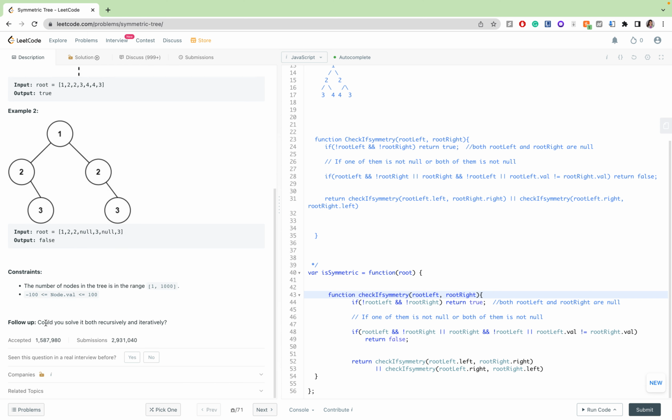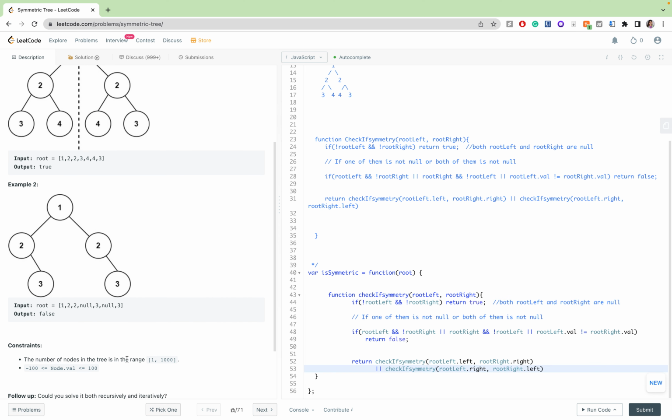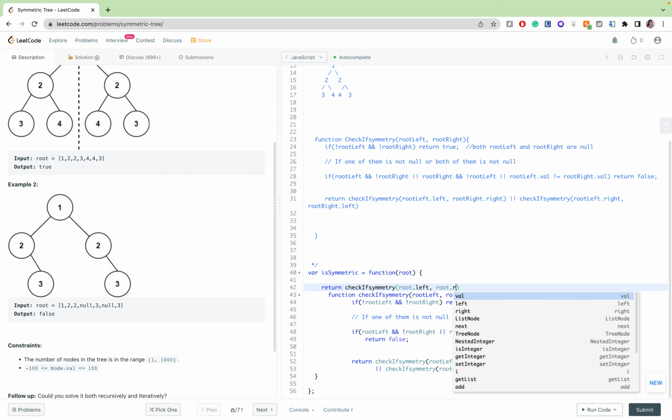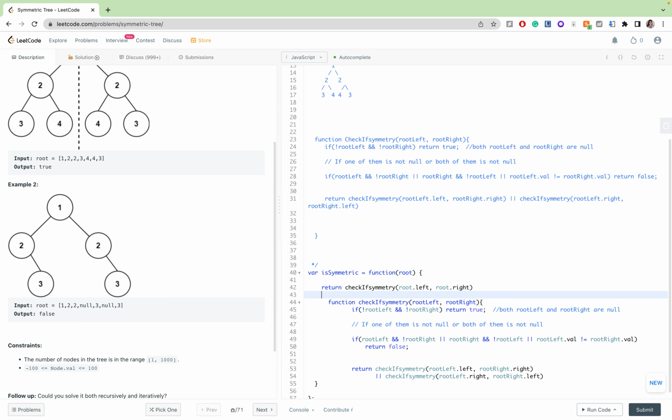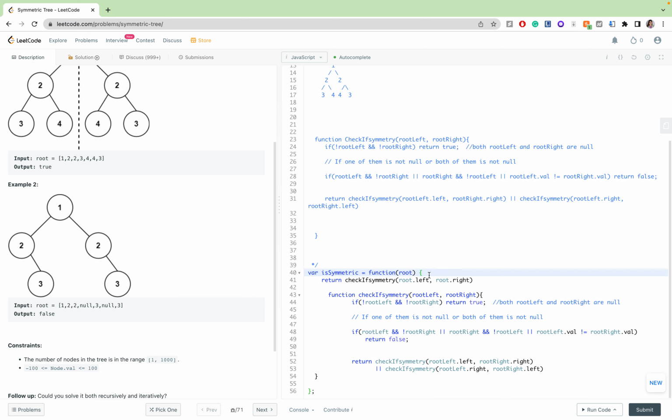I think could you solve it both recursively and iteratively? I'm doing this recursively. So the number of nodes will at least be 1. So what I can do is I can just return check if symmetry root dot left and root dot right, because there will at least be a root.